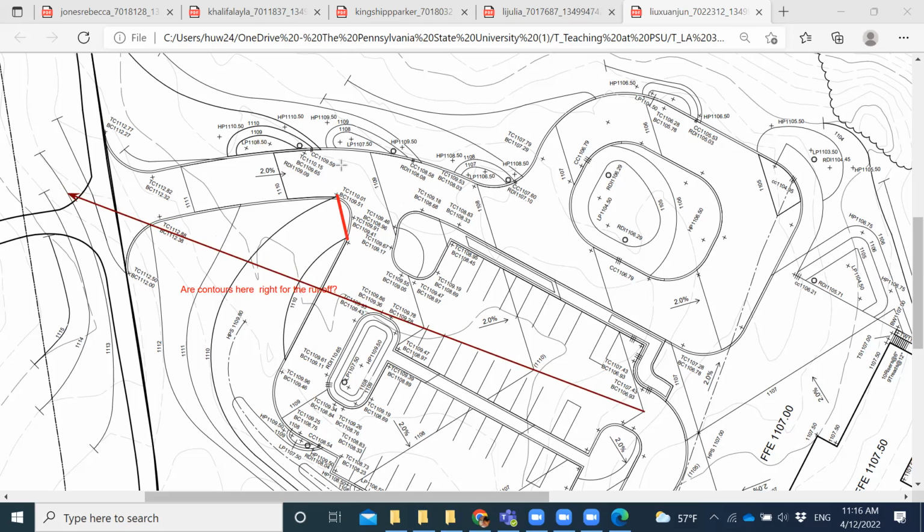And originally it goes over here, and then around there. This is where it connects. This feels like where it connects before.